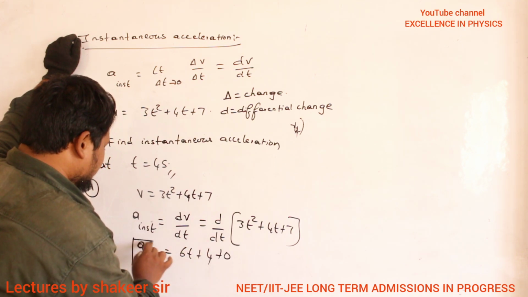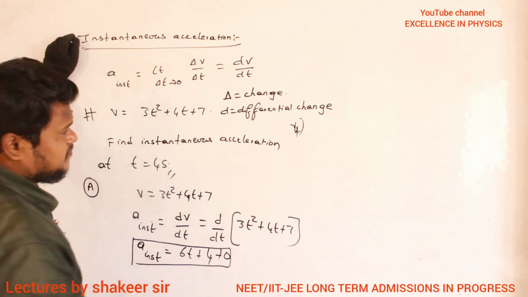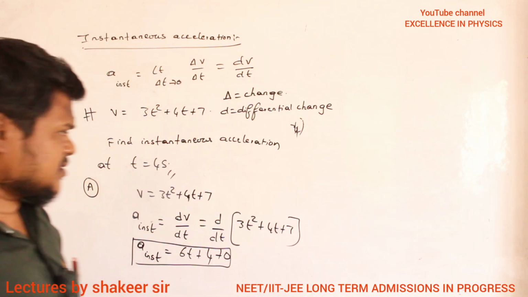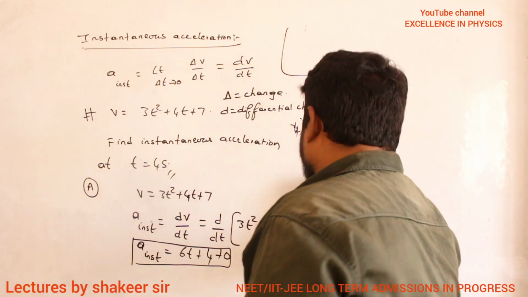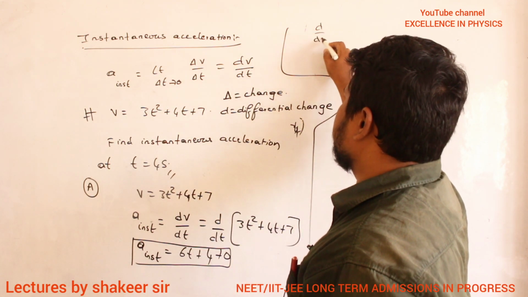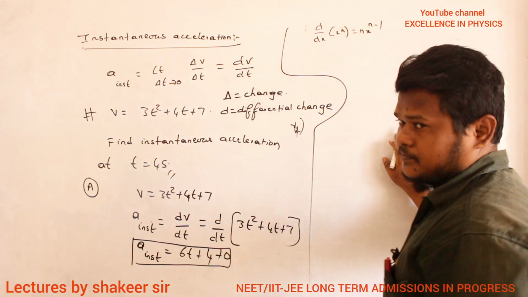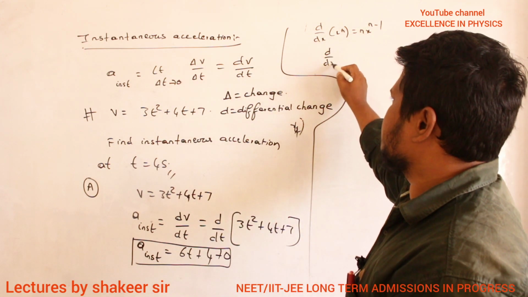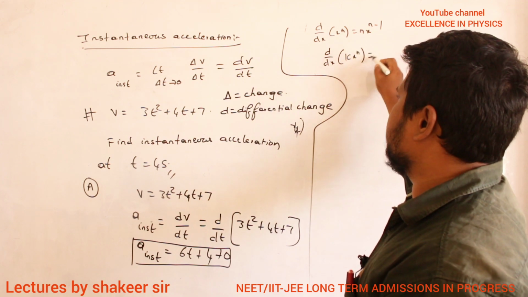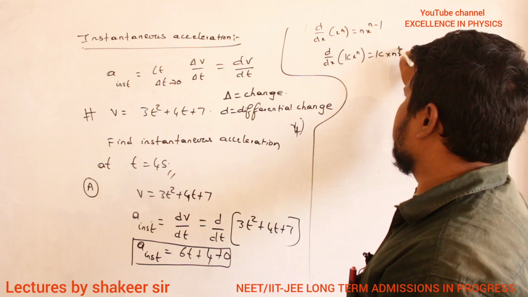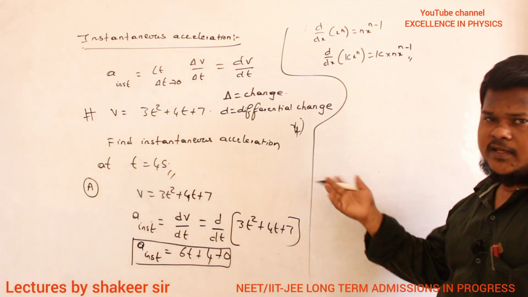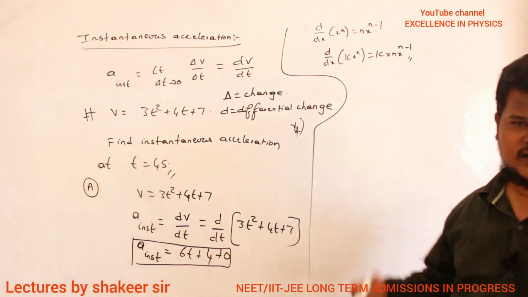So this is my equation for instantaneous acceleration. Okay. By using which equations we have calculated this one? So d by dx of x power n is equals to n into x power n minus 1. Okay ma? Similarly, d by dx of k x power n is equals to k into n into x power n minus 1. These are the equations, where k is a constant, you can take out of this differentiation.